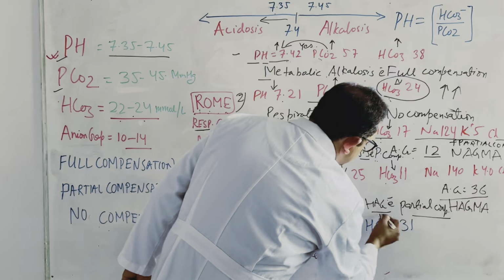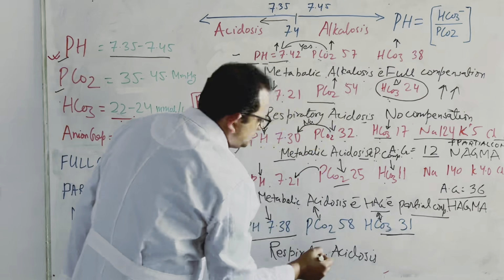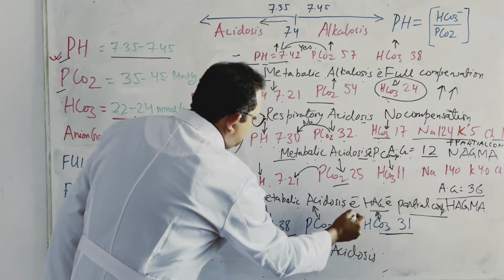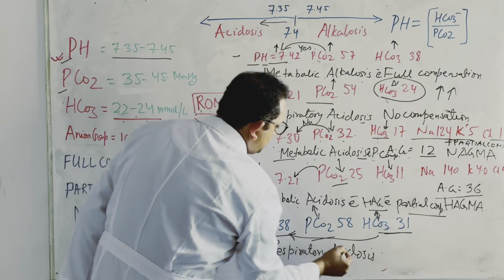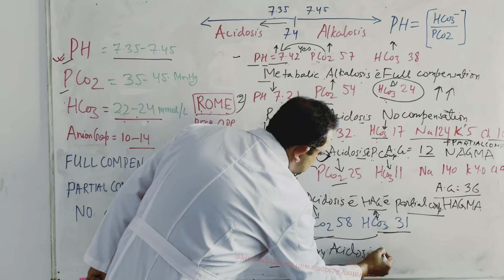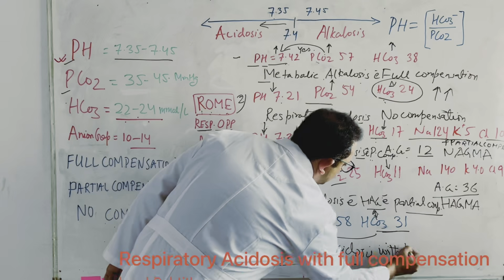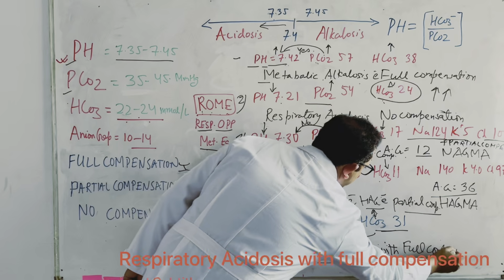So it is high, on the higher range. But has it brought the pH to the normal range? Yes, to the normal range. So it is respiratory acidosis with full compensation.